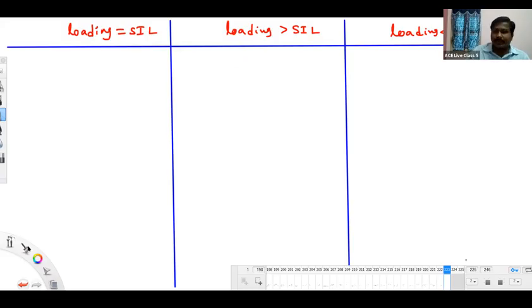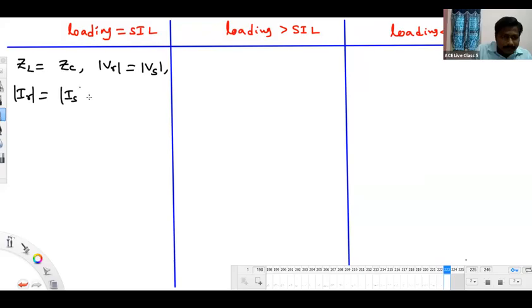First let me complete for loading equals to SIL. ZL is equal to ZC. Here ZL and ZC values are equal. Next thing, receiving and sending end voltage magnitudes are equal. So we have mod VR equals mod VS, as well as mod IR equals mod IS.